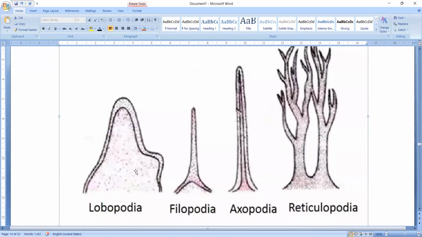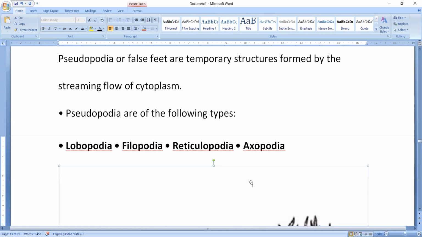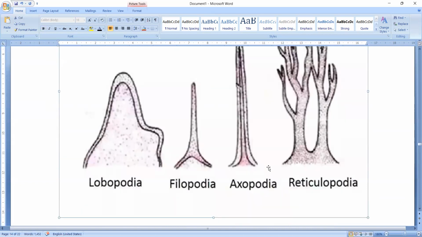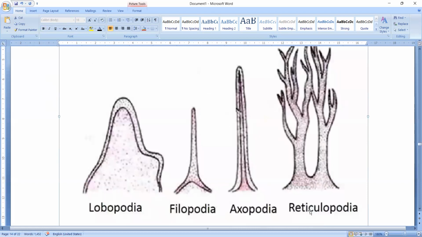Lobopodia are like a blunt finger, filopodia like a thread, and axopodia a rod-like structure. In reticulopodia, different pseudopodia cross with each other to form a network-like structure.